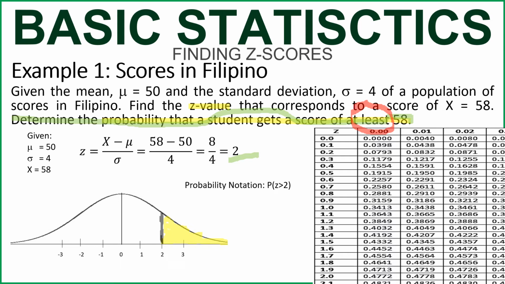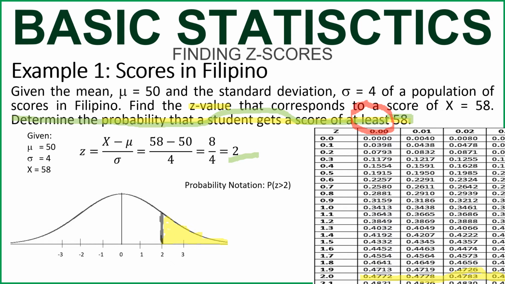So, next is prepare your Z table, then locate 2.0 definitely. So, isi-shade natin yung part na yon, mga values sa 2.0. Then, the third digit is 0 kasi wala naman siyang third digit. So, automatically, that is 0.